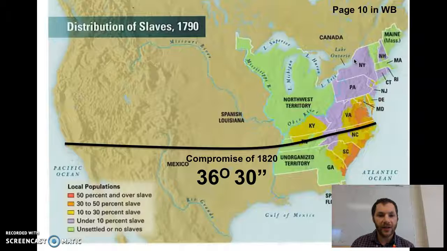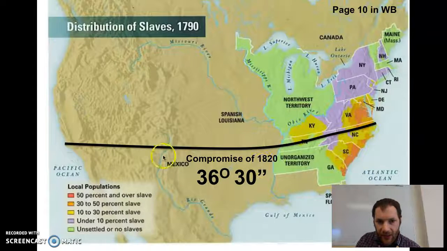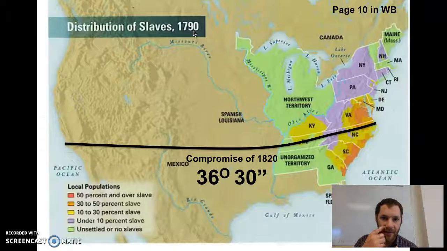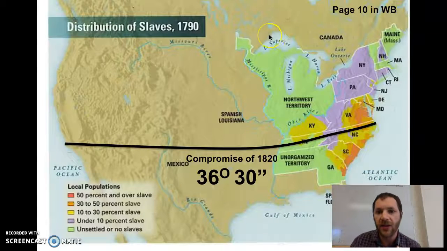So when we look at this, I give you the Compromise of 1820 line here, and the data for this map is from 1790, which is about 20 years after the founding of the country.